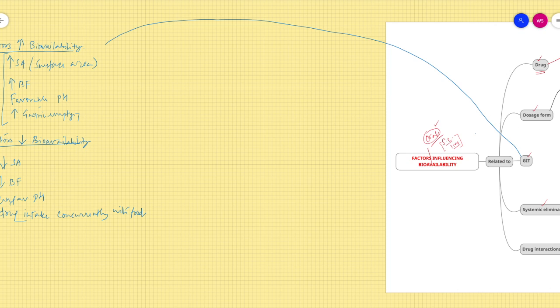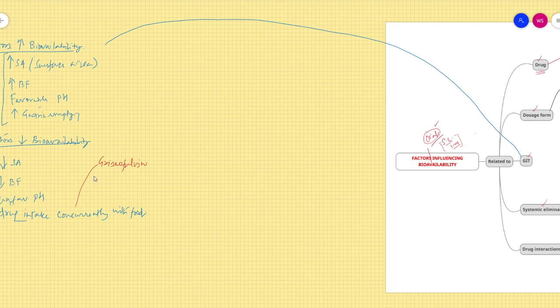But when we say that, we need to remember that some drugs, like say griseofulvin, which is an antifungal drug, have increased bioavailability if consumed with fatty foods.